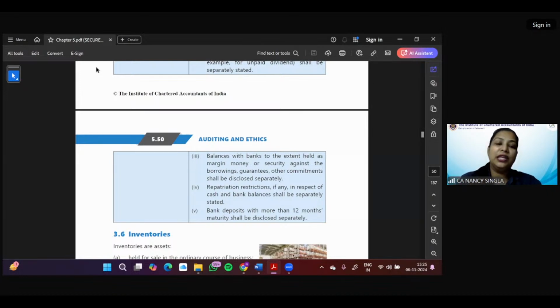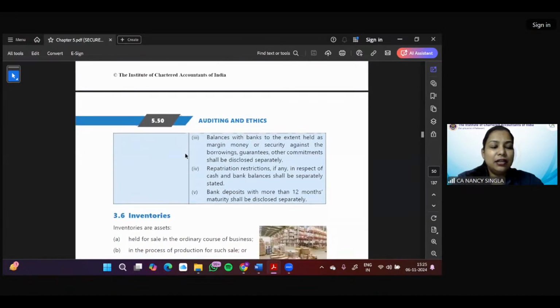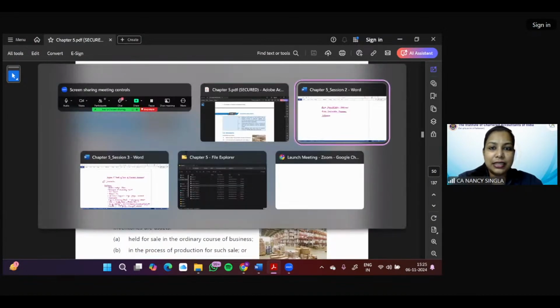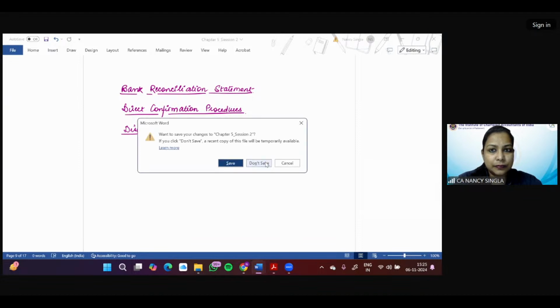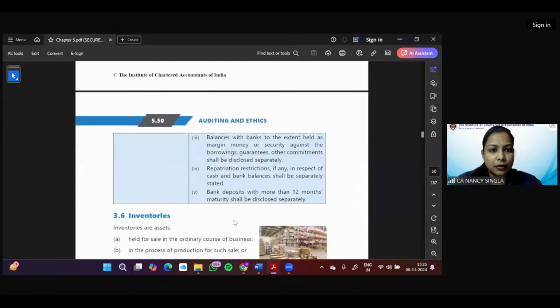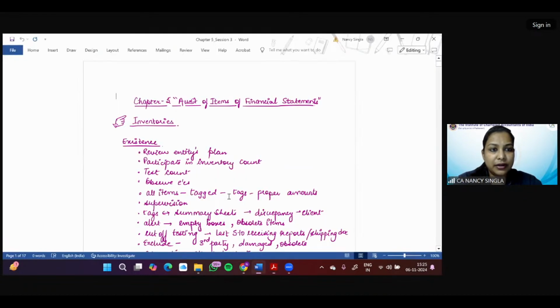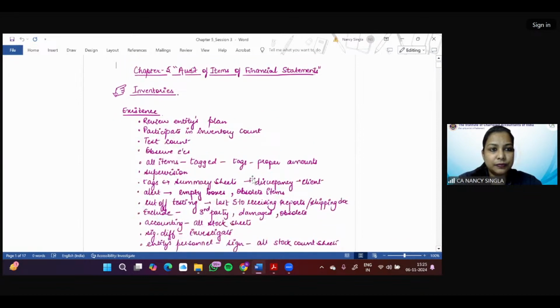Verification with respect to inventories. So what is the relevant accounting standard that comes to your mind when we talk about inventories? Quickly send in your replies.